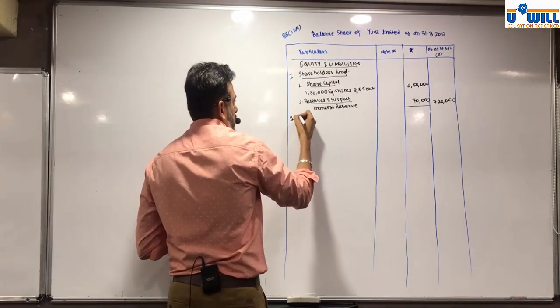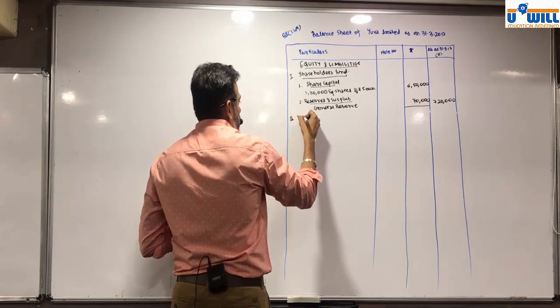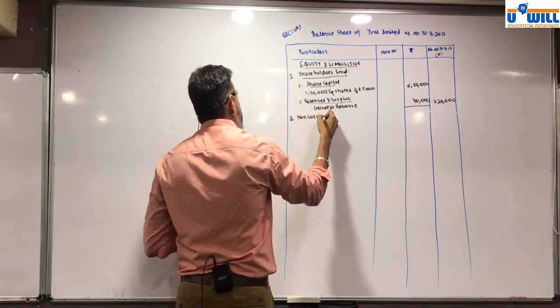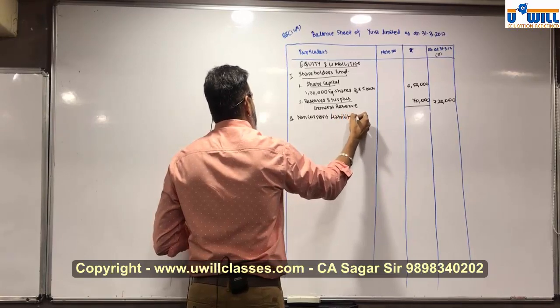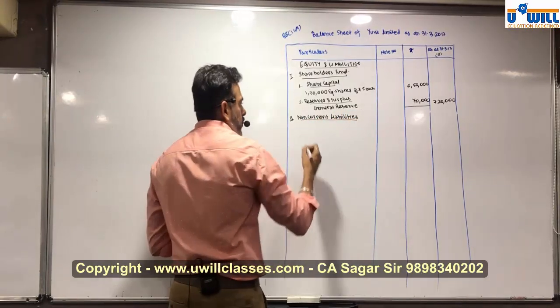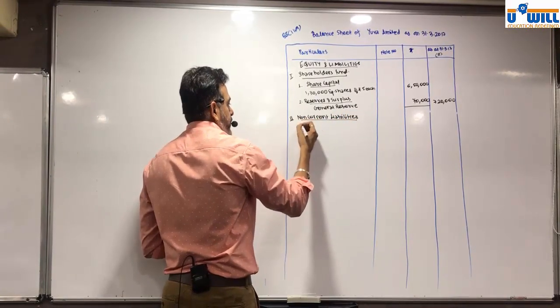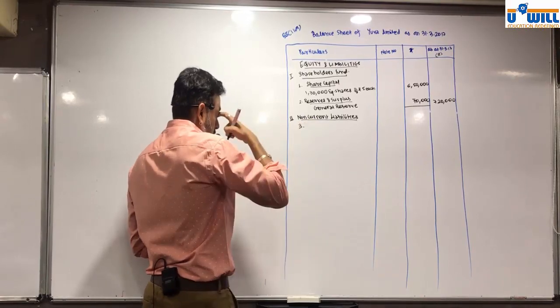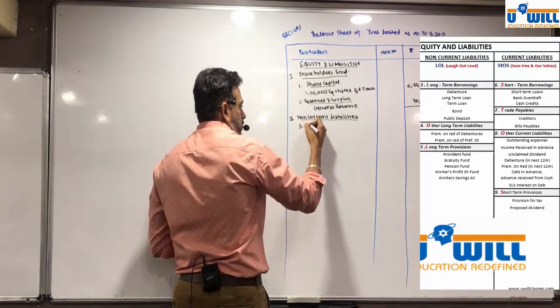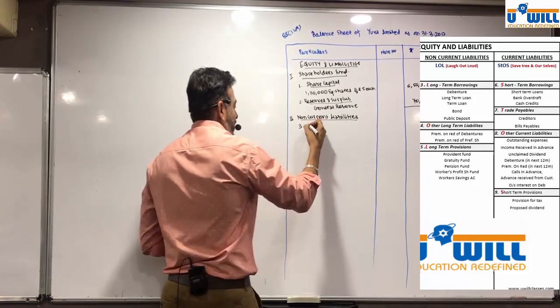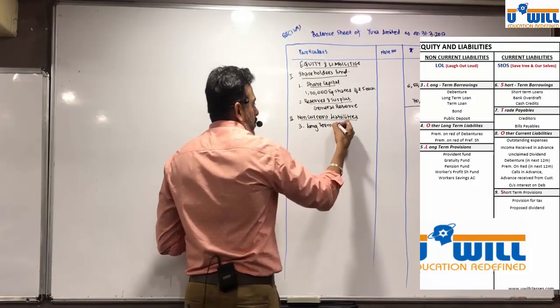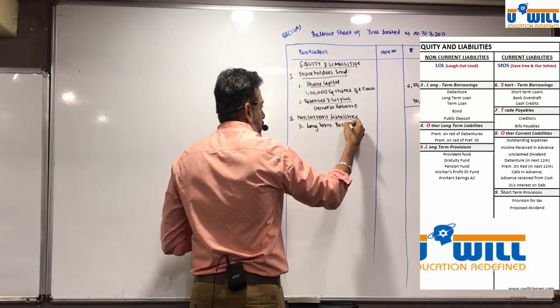Second, non-current liabilities. So third, what was our short form here? Okay. So long-term borrowings.